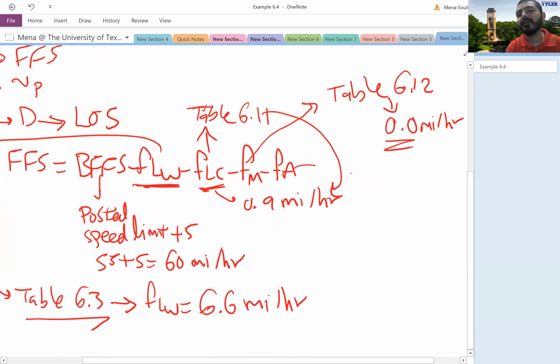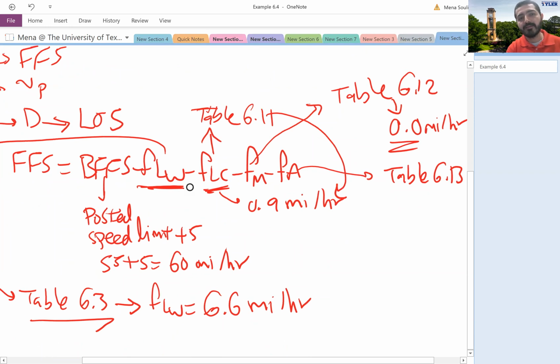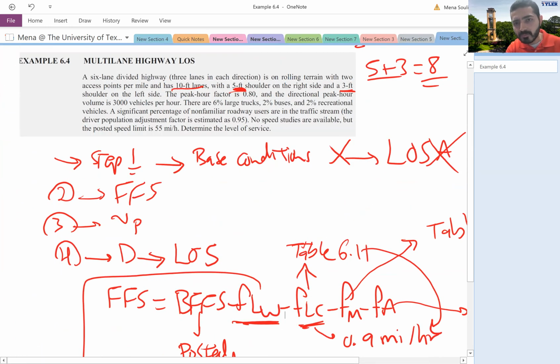And then FA, this is table 6.13. And we have how many here? Two access points. Only 2 access points per mile.